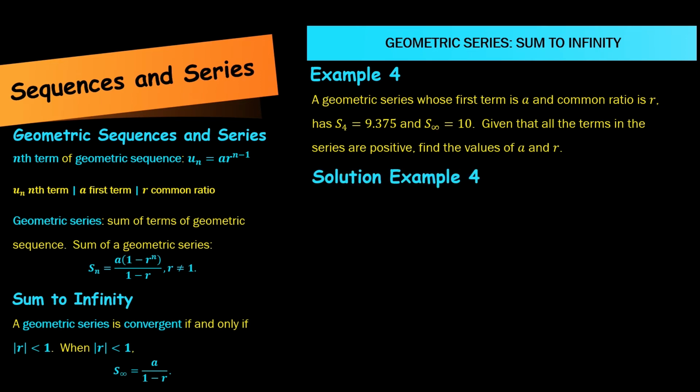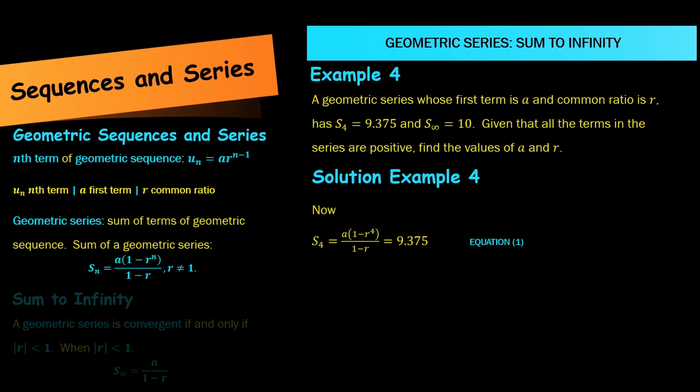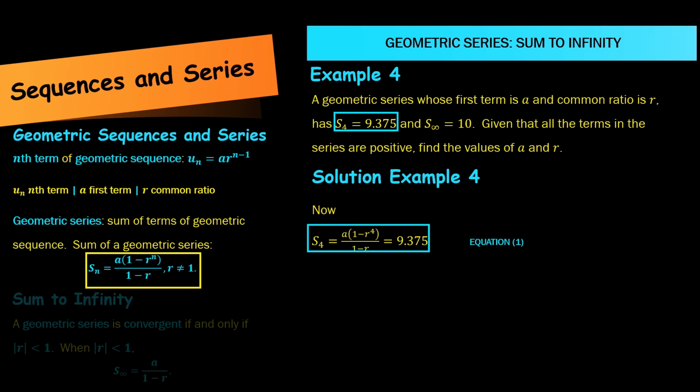So let's solve this. Now S subscript 4 equals a times 1 minus r to the power 4 all over 1 minus r. We've substituted n equals 4 into the formula for Sn. And this is of course equal to 9.375.